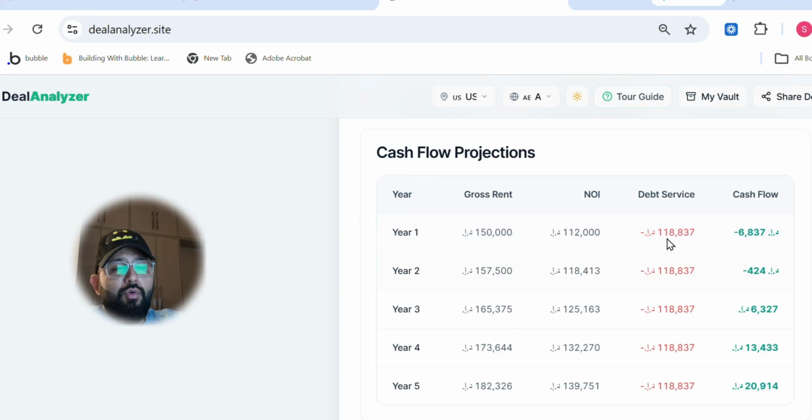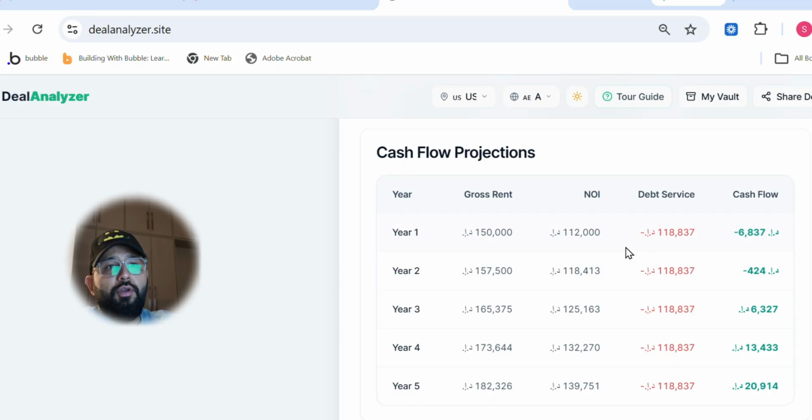Annual debt service. So what is our 5-year projection? Now here is the real reason this deal is failing. If you get a gross rent of around 150,000 dirhams, your net operating income is only 112,000 dirhams, and then you have a debt service of 118,000 dirhams.